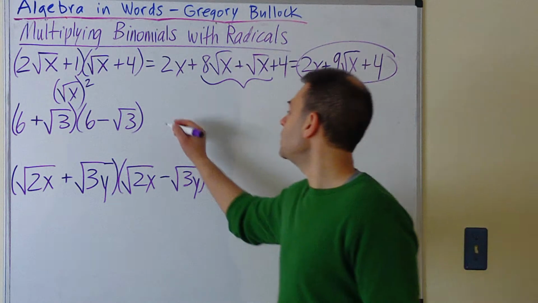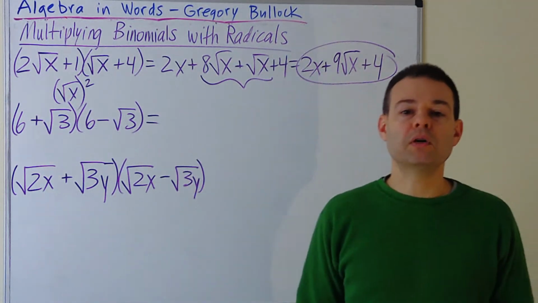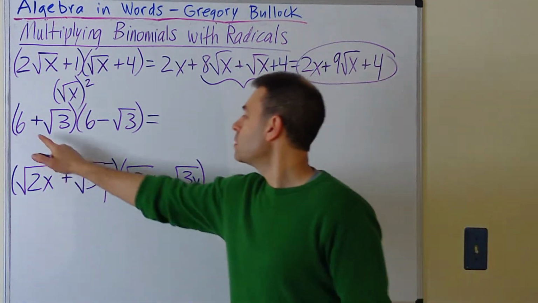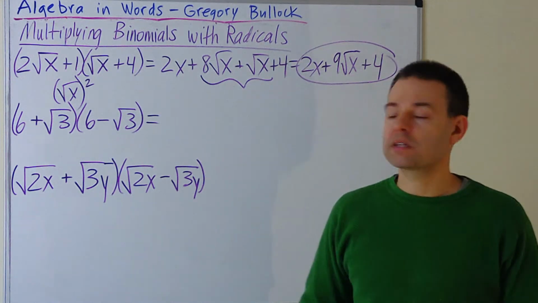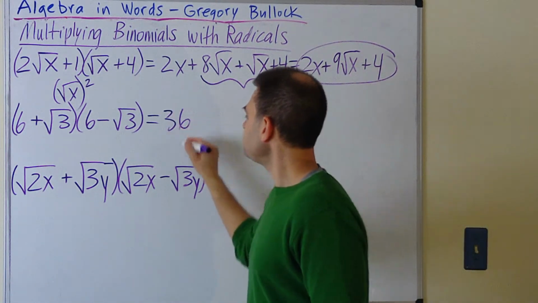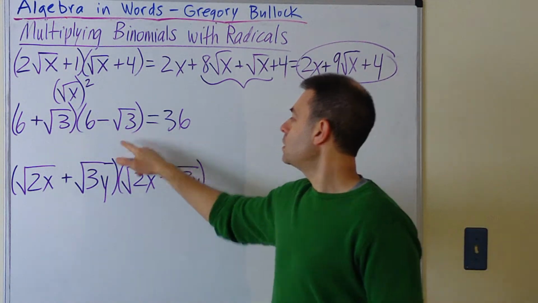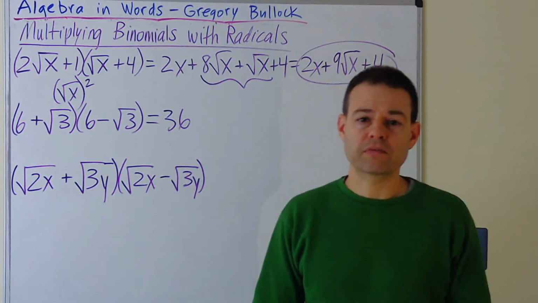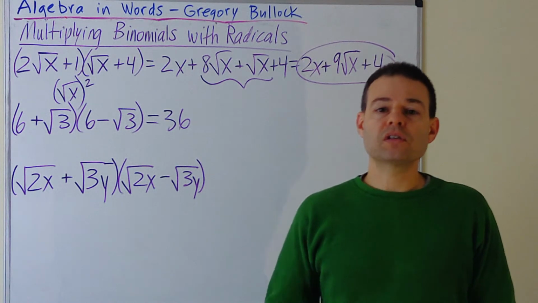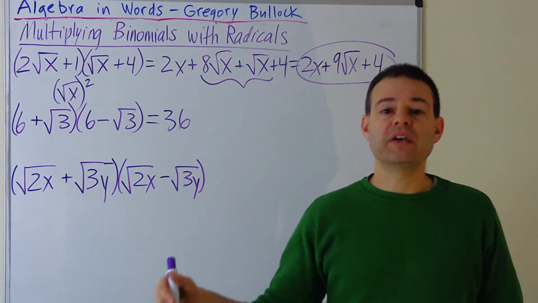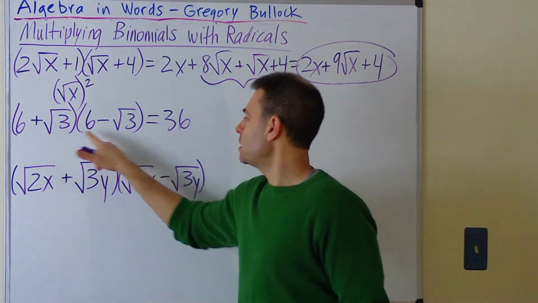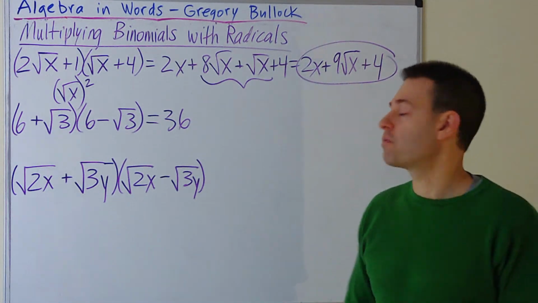And the shortcut method means you can just multiply the product of the first. 6 times 6 is 36. And the product of the last: the square root of 3 times negative the square root of 3. And what is the square root of 3 times square root of 3? It's 3. And since it's a positive times a negative, it's going to be negative 3.